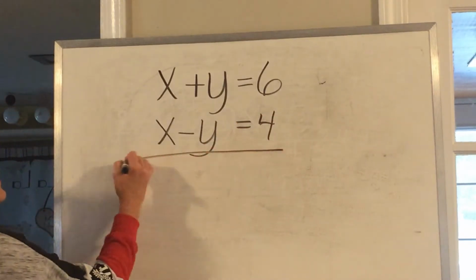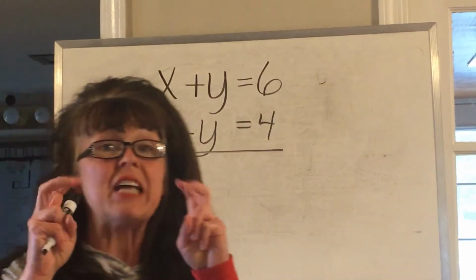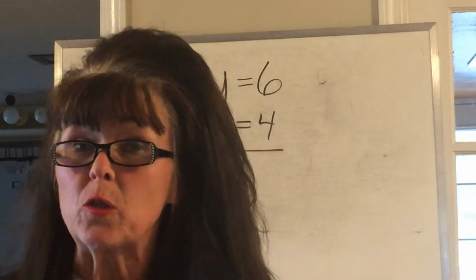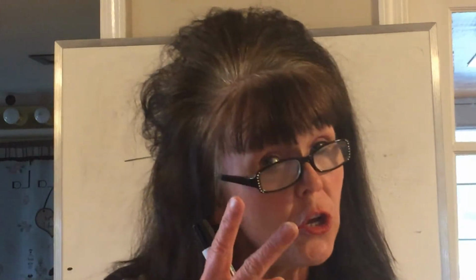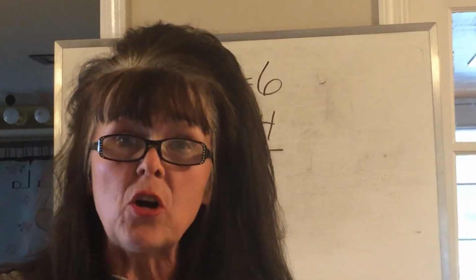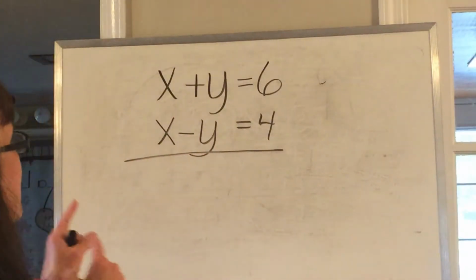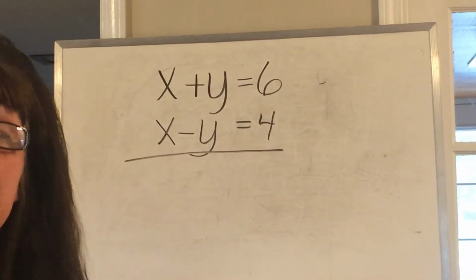Now, notice what an elimination method looks like. Well, how many equations do we have? We have 2. How many variables do we have? We have 2. We have an x variable and we have a y variable. And that's what elimination method looks like most of the time.